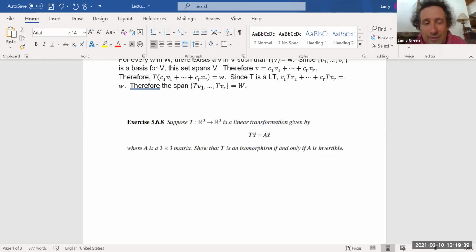Always when you have an if and only if, start on the left and try to get to the right. So let T be an isomorphism. Any questions on that so far? Okay. Well, the nice thing is that we had a theorem about isomorphisms, and that is that T is 1 to 1. Do you all agree?